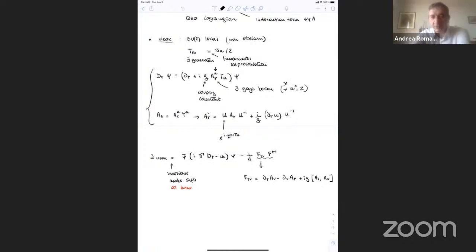Quick question, whether g can have a group label, can be dependent on the generator. Very good. No, this is a universal coupling constant that is defining my field.